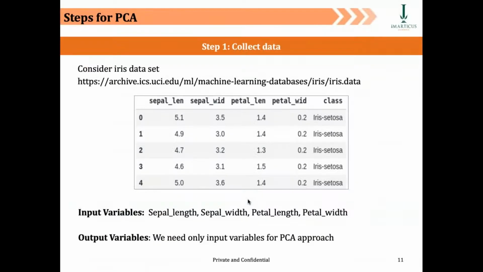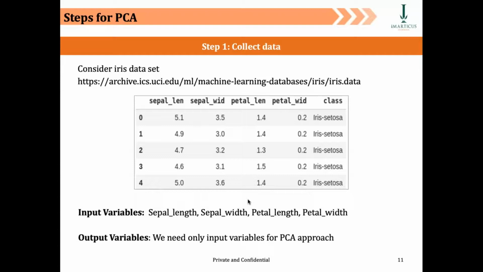Now, steps for PCA. This is a data set known to everybody: the Iris data set. How many features can we see here? 5 features.